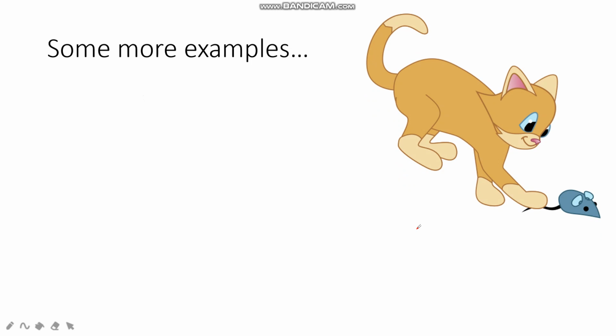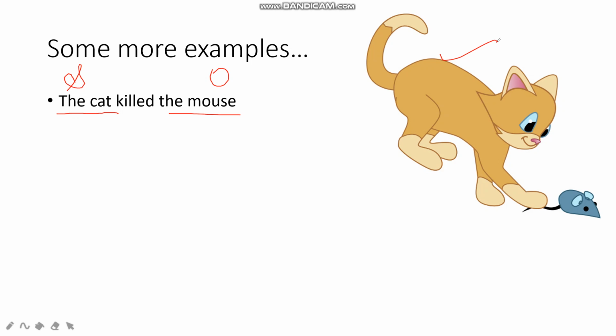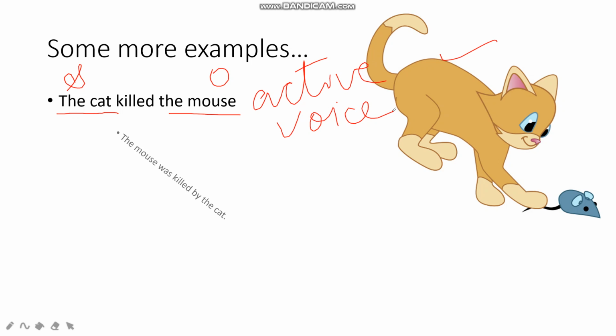Some more examples. The cat killed the mouse. Here, the cat is the subject and mouse becomes the object. The cat is doing the action, so the sentence is in active voice, right? The mouse was killed by the cat.